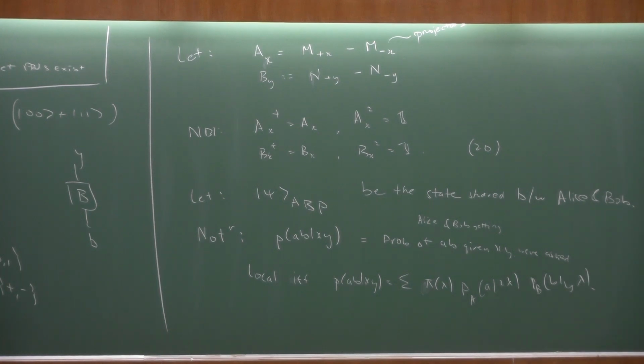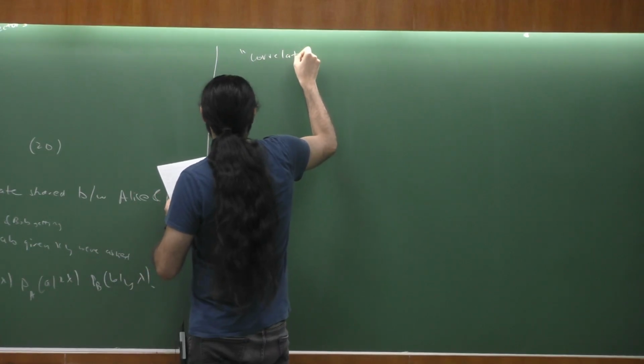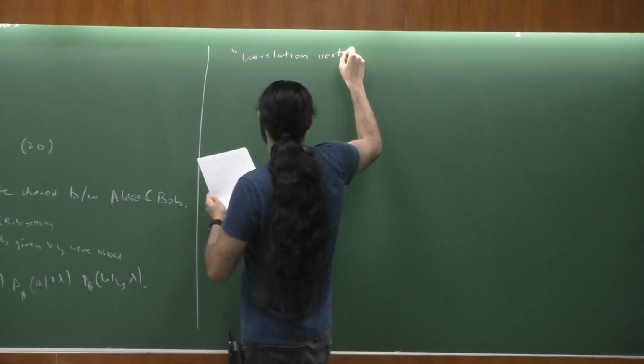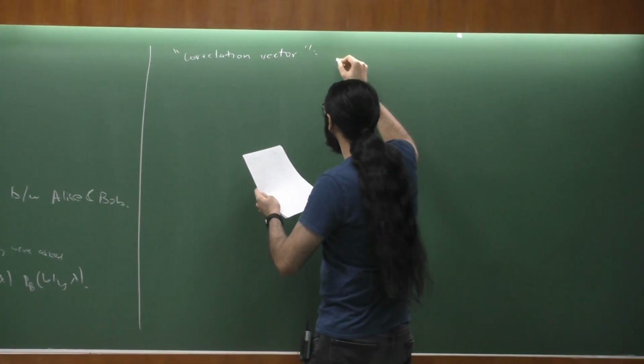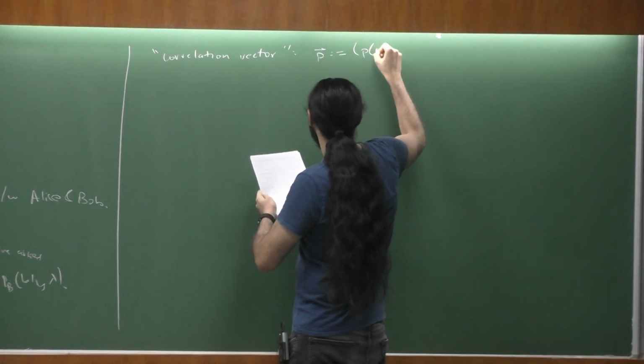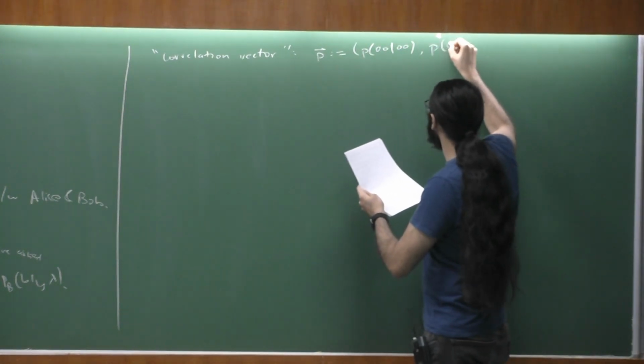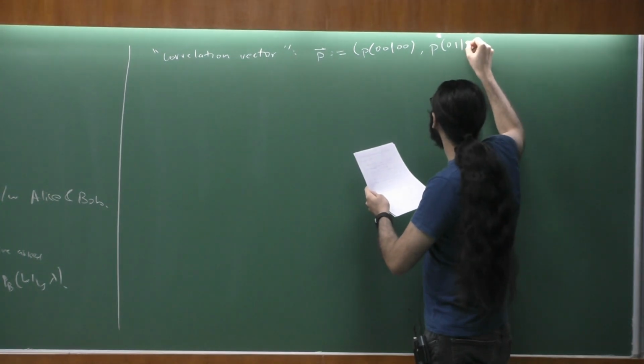Okay, so now we're going to go a little bit beyond this. We're going to define what is called a correlation vector. It's not quite a formal word, I'm just using it for convenience here. It's just a sequence of numbers indexing all the different outcome probabilities given the various inputs.